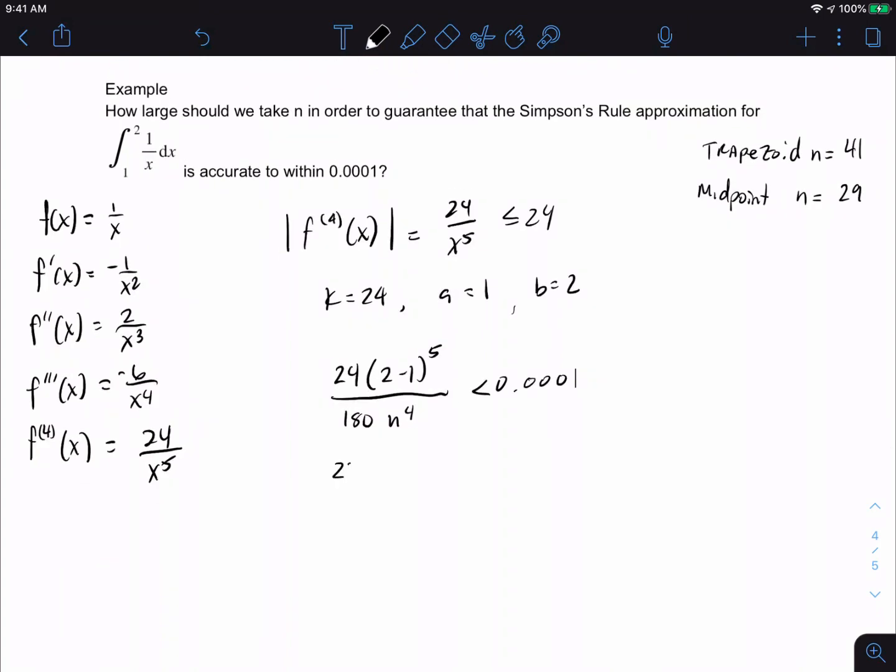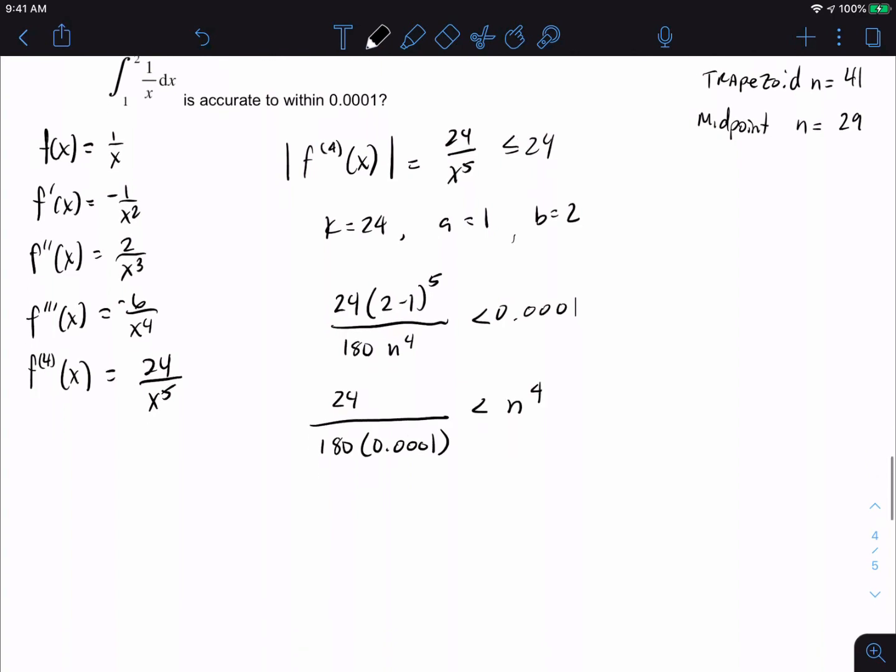Cleaning that up, I'm going to get 24 over 180 times 0.0001 should be less than n to the fourth. So my n is going to be 1 over the fourth root of 0.00075. And I'm going to get 6.04.